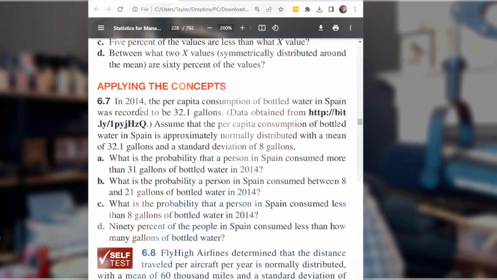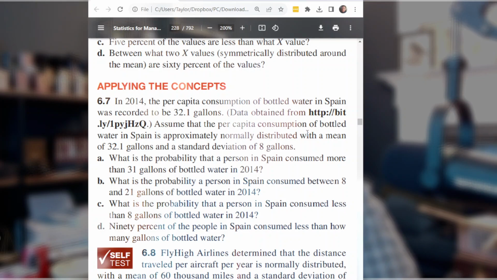In 2014, the per capita consumption of bottled water in Spain was recorded to be 32.1 gallons. Assume the per capita consumption of bottled water in Spain is approximately normally distributed with a mean of 32.1 gallons and a standard deviation of 8 gallons. So right there, it's giving you the two things you need for the normal distribution.